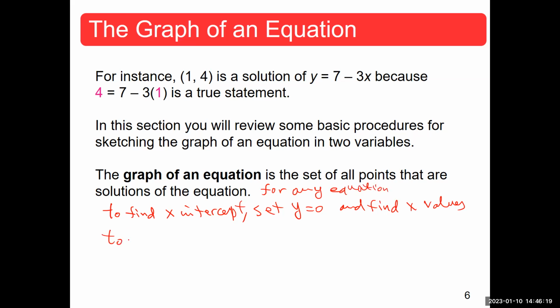To find the y-intercept, set x equals 0 and find the y value.